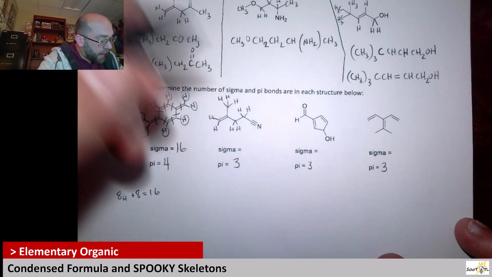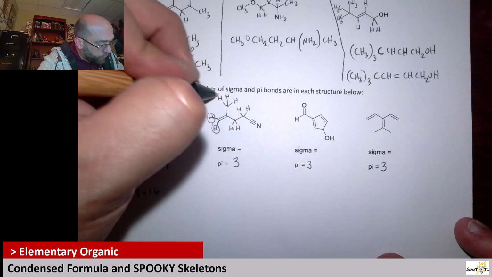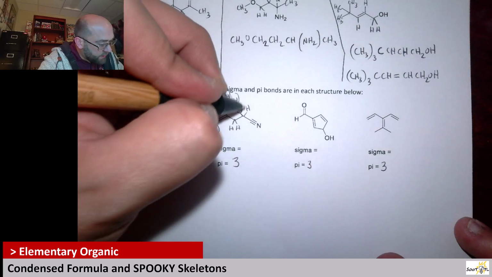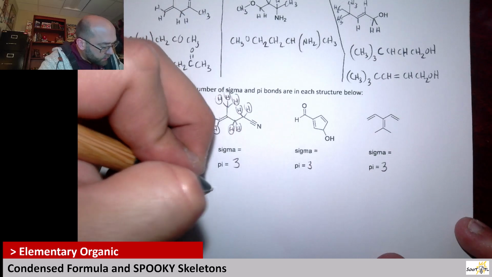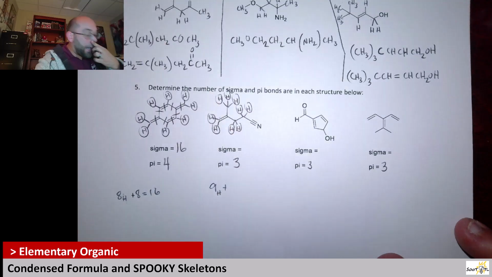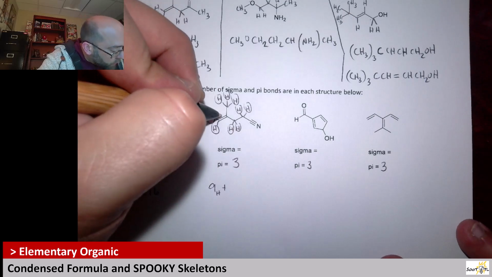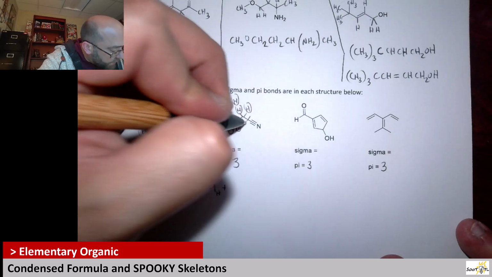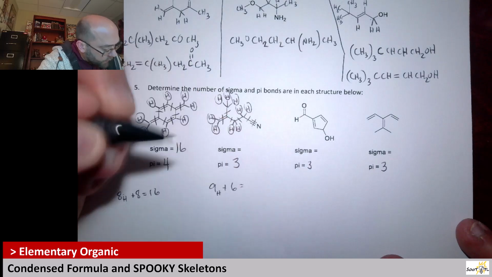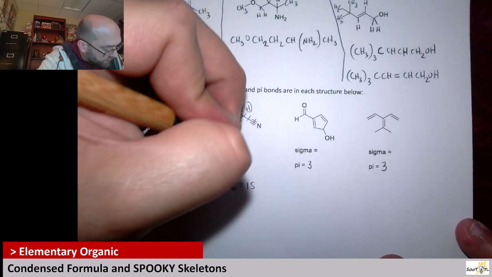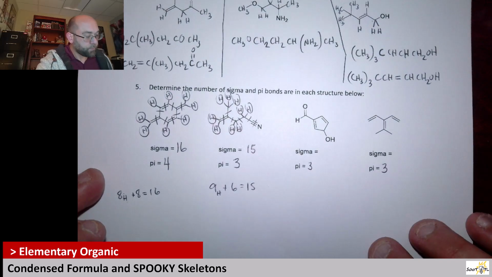So due to hydrogens alone, I've got 1, 2, 3, 4, 5, 6, 7, 8, 9. So I've got 9 due to hydrogens. And now I just count up all the other bonds that were originally shown in the structure. Remember, count the triple as 1 sigma and count the double bonds as 1 sigma. So it'd be 1, 2, 3, 4, 5, 6. So that would be 15. So this guy has 15 sigma bonds.